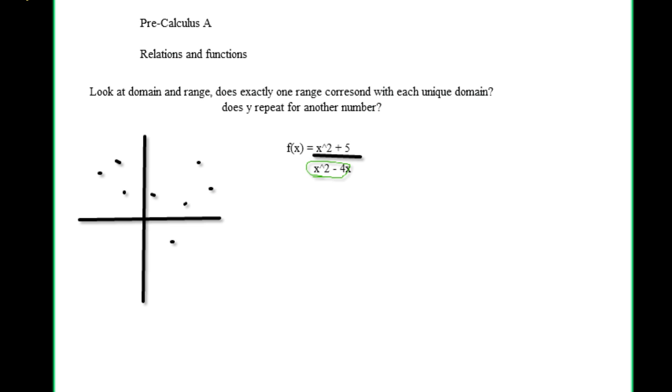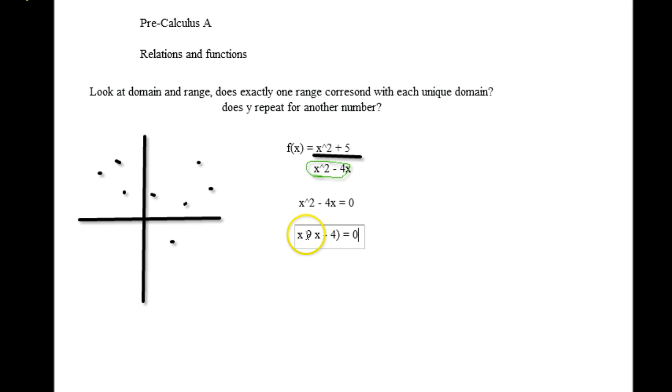You set it equal to 0, so x squared minus 4x equals 0, and then you factor it. You would get x times the quantity x minus 4 equals 0.